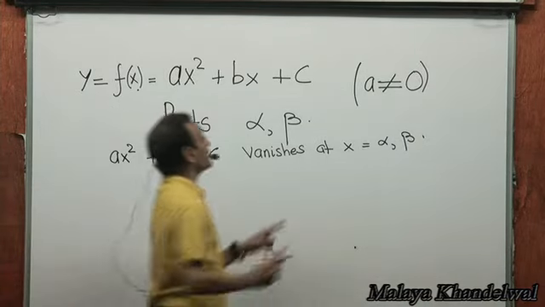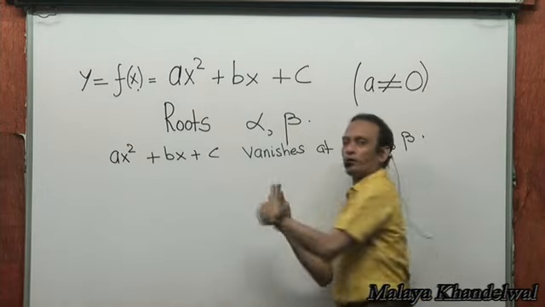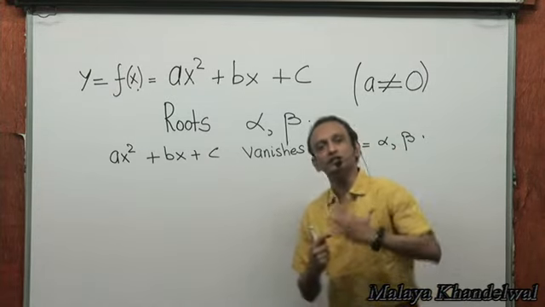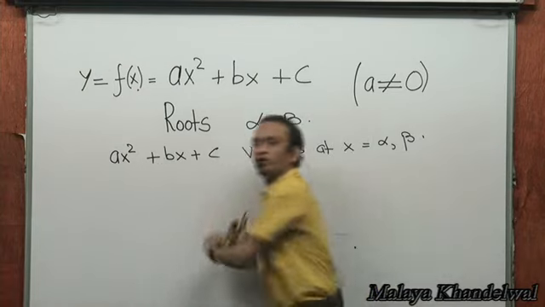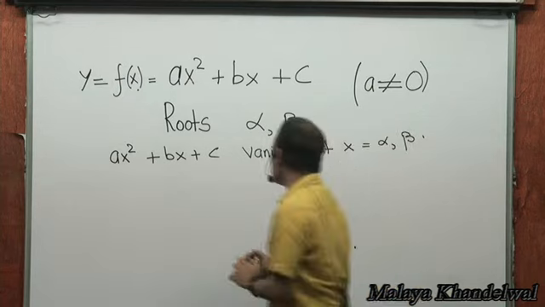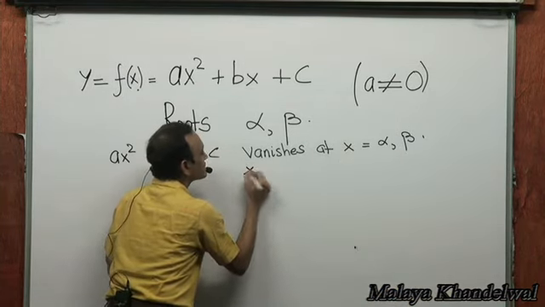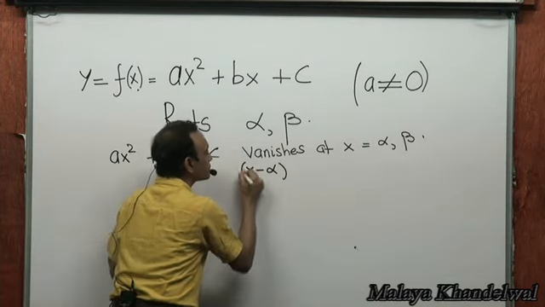Now, if this expression becomes 0 at x equal to alpha, then very clearly x minus alpha must be a factor of this expression, right? So this expression must have x minus alpha as one factor.